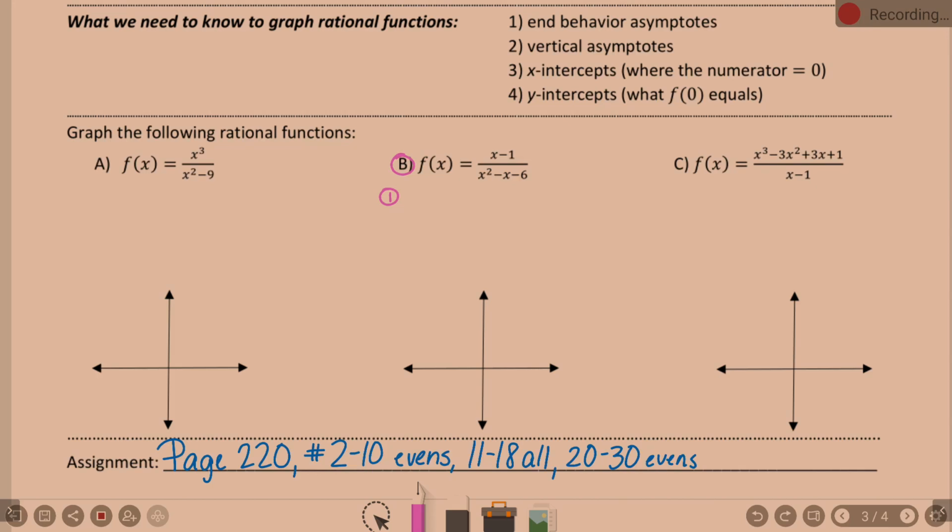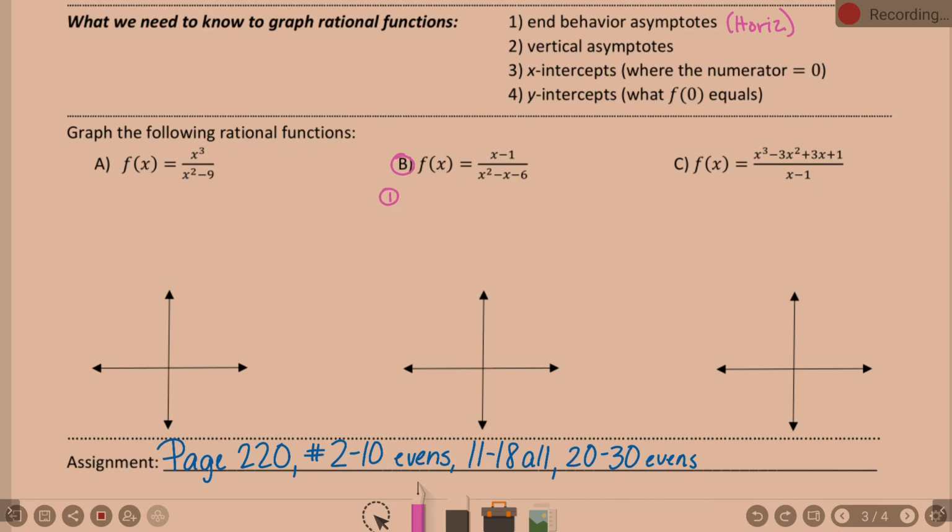When I say end behavior asymptotes, that's a fancy word for what? Horizontal. And officially it could be horizontal or slant, but generally speaking it is horizontal.